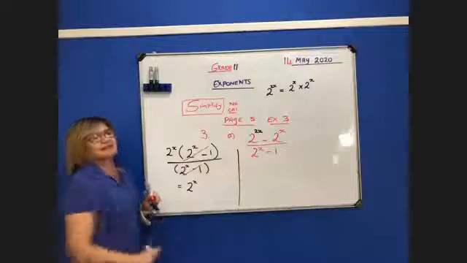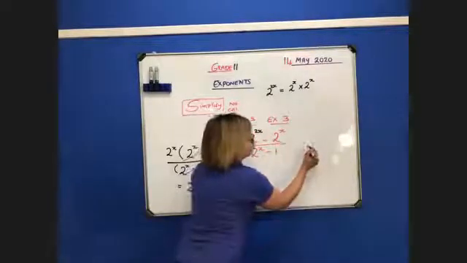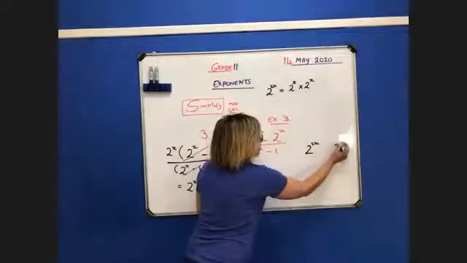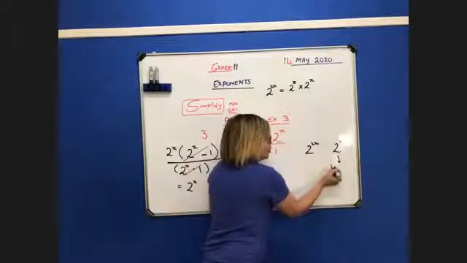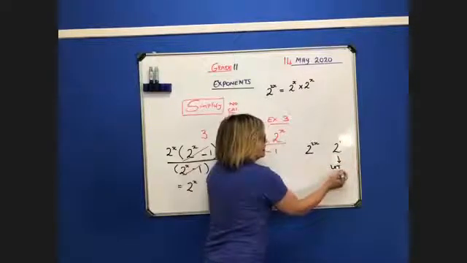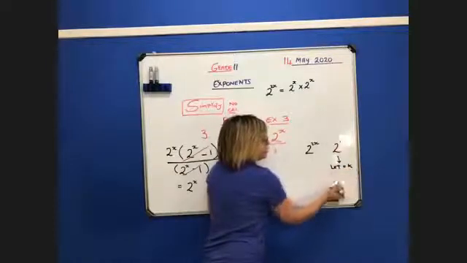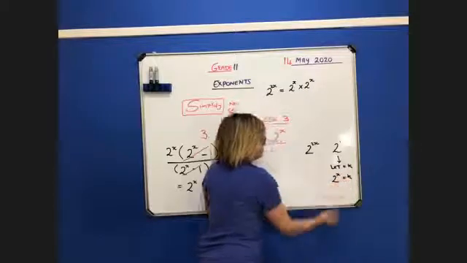But I said there's a second way to do this. If you have 2 to the 2x and you have 2 to the 1x, just before you say what have I done, let the smaller one be k. So I'm saying let 2 to the x be k.